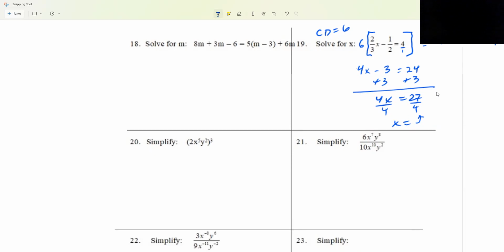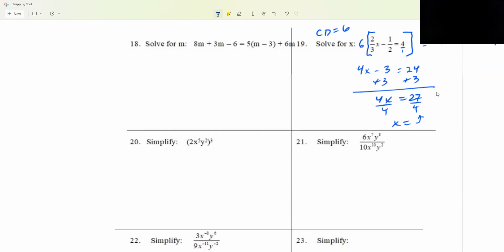So we're going to simplify these next ones, and they've got exponents. Remember, the product rule gives you add the exponents when you're multiplying like bases. Quotient rule is you subtract the exponents. Basically, you subtract the divisor's exponent from the dividend's exponent.